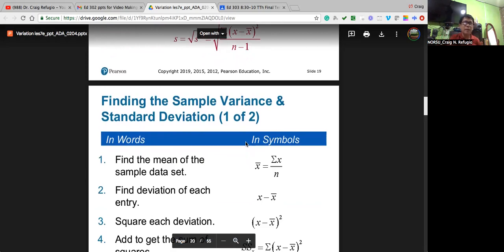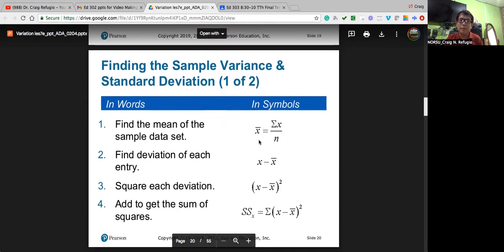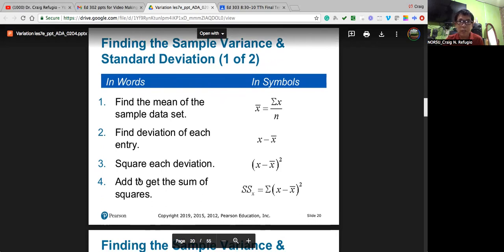So, finding the sample variance, in words: Find the mean of the sample data set. In symbols, x bar is equal to the summation of x divided by n. Find the deviation of each entry, that is x minus x bar. Square each deviation, so quantity x minus x bar squared.